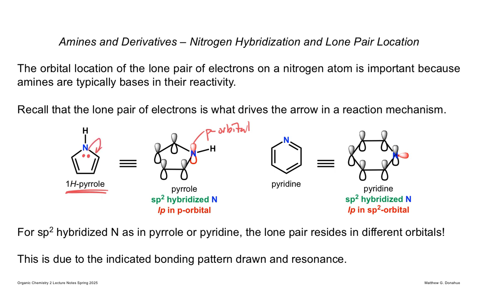And it's like that because it can be delocalized through the pi bond. In pyridine, the lone pair is in an sp2 hybrid orbital. And so you see here it just sticks out. It's not involved in conjugation.